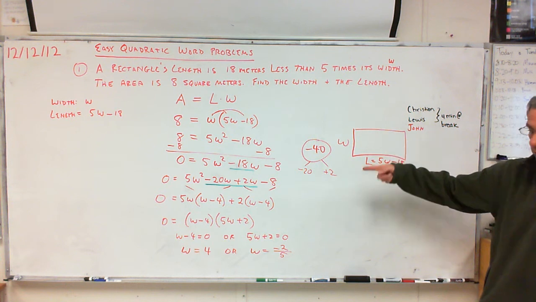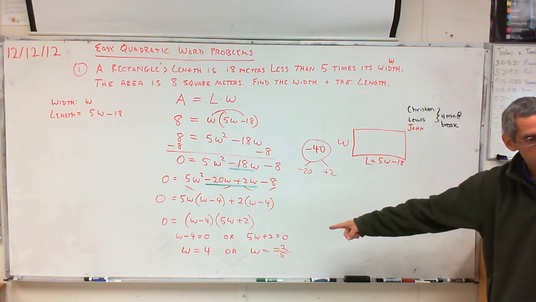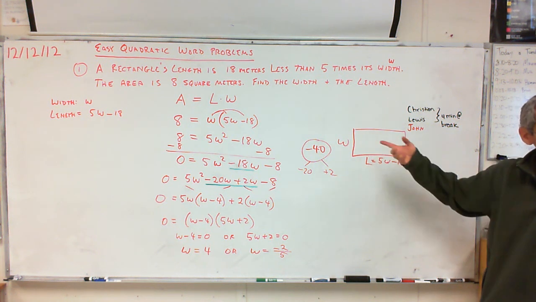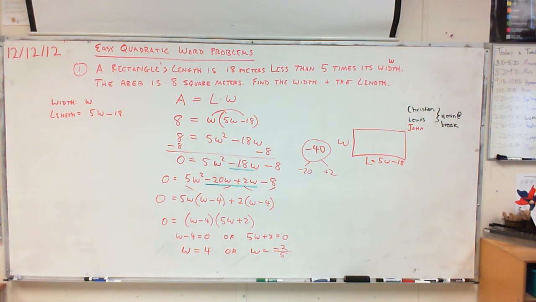Look at the answer. Can you have a negative 2/5 width? No, you can't. There's no such thing as a negative width to a box, right? Not in real life. There's not a negative width or a negative length.